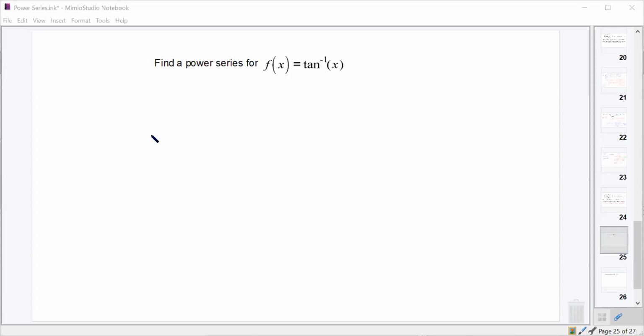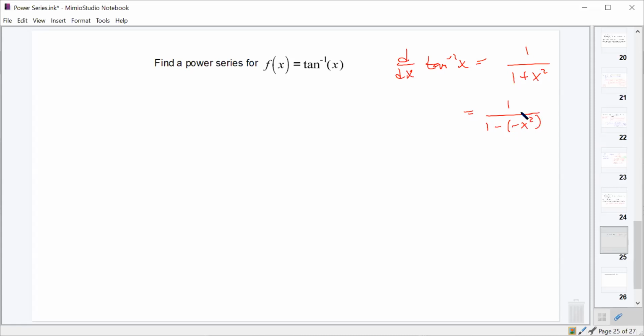Any thoughts on this? The inverse tangent of x. Okay, yeah, so you hopefully noted, Elon, that the derivative, right? This is where this came from. The derivative of inverse tangent of x is 1 over 1 plus x squared, which is the same as 1 over 1 minus negative x squared.